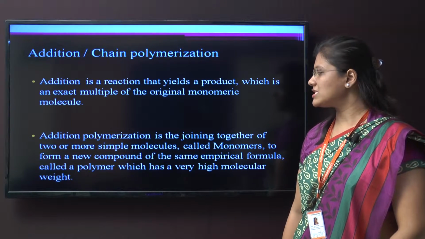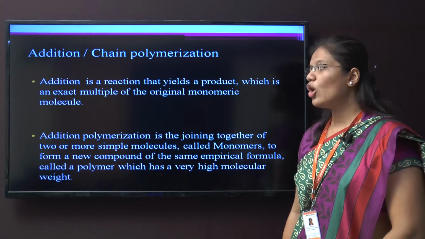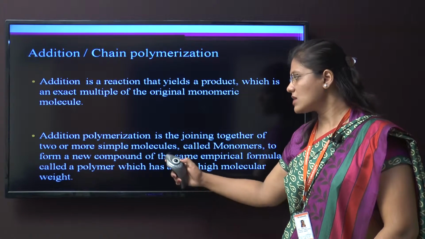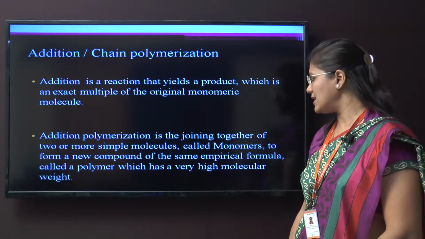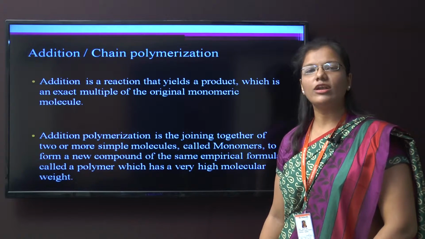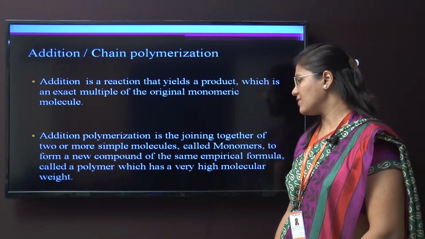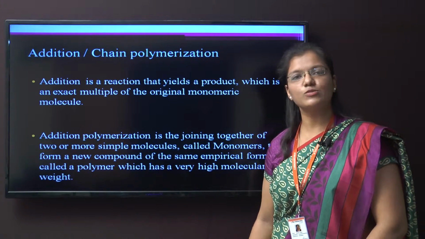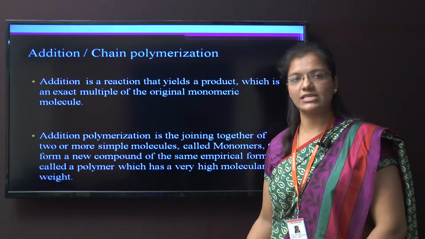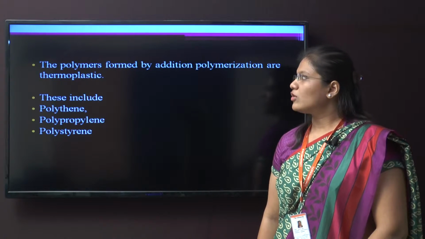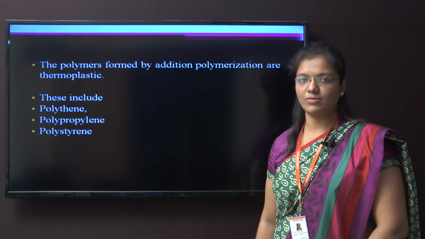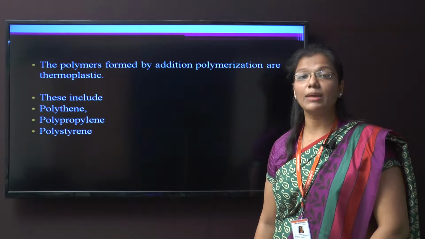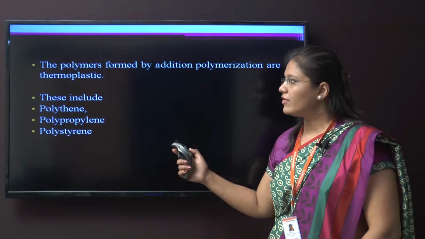Now addition polymerization is the joining together of two or more simple molecules called monomers to form a new compound of the same empirical formula called a polymer, which has a much higher molecular weight, and this process is known as polymerization. The polymers formed by addition polymerization are thermoplastics, basically a type of plastic.